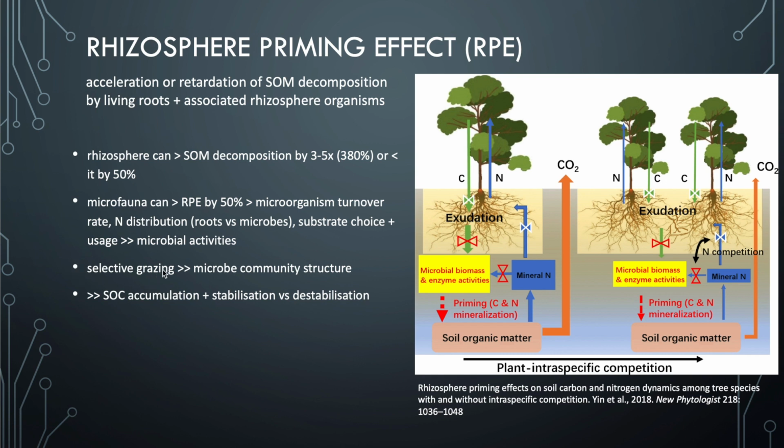So the way that protozoa selectively graze on microbes determines the microbial community structure, and this in turn influences soil organic carbon accumulation and stabilization versus destabilization. So really it just depends on what the plant and microbial ecosystem is like in the soil, which will influence the organic matter deposition and whether that organic matter stays in the soil as stable carbon or whether it is released as carbon dioxide.